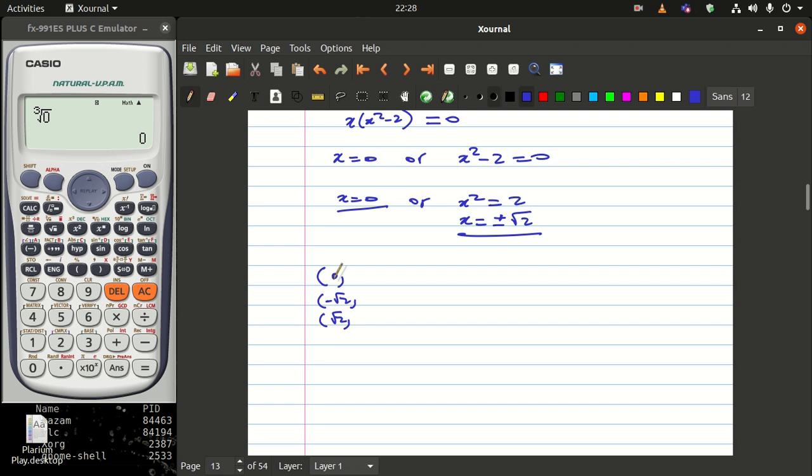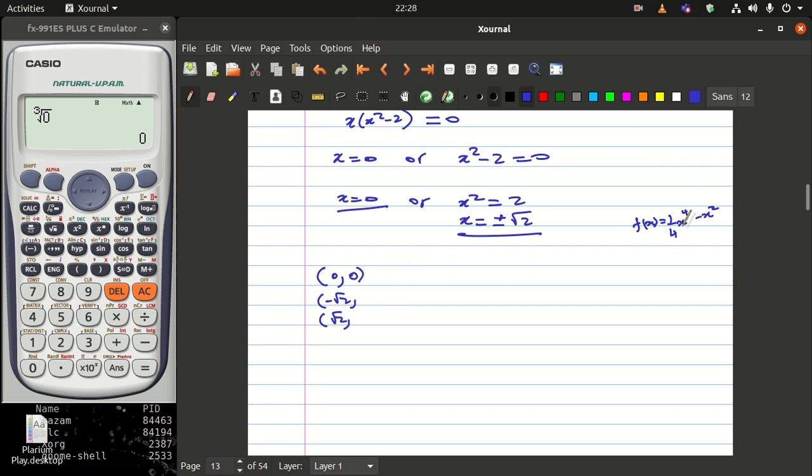Now I take this 0 and I plug it into the original function, which was f of x equal to 1 over 4 x to the power 4 minus x squared. If I'm plugging in a 0 here, this whole thing will be 0. Plugging in a 0 here, this whole thing will be 0. So the y value will be 0.